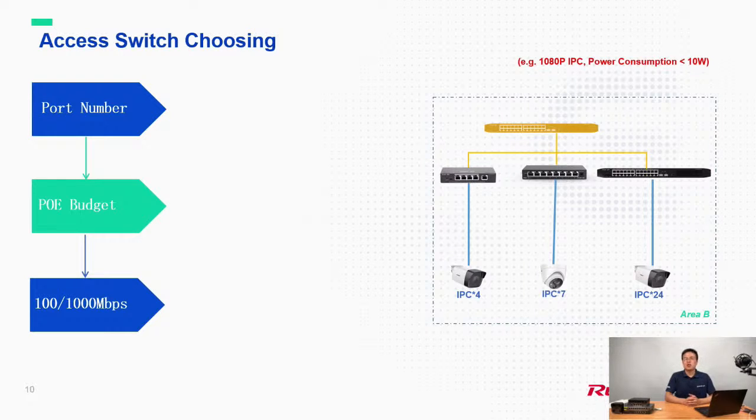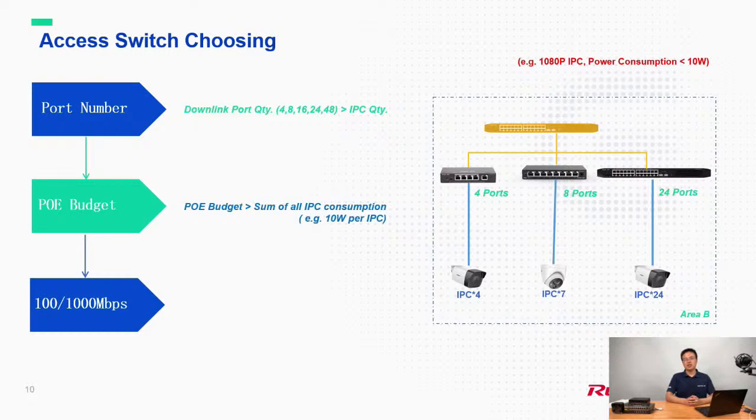So the switch port count must be more than the IP camera number. Based on this topology, see the green words I typed. For the first switch, we should use a 4-port; for the second, at least an 8-port; and for the third one, at least a 24-port switch.